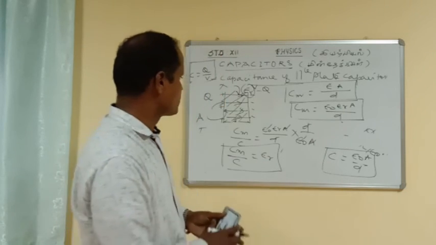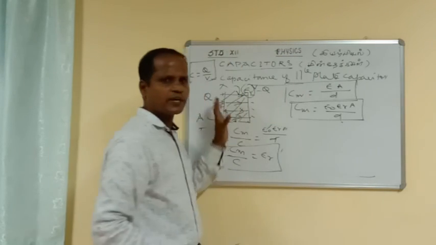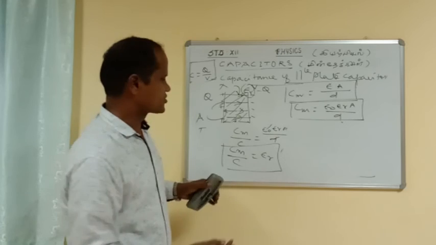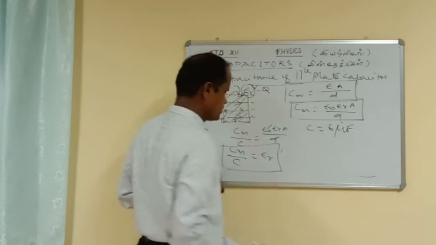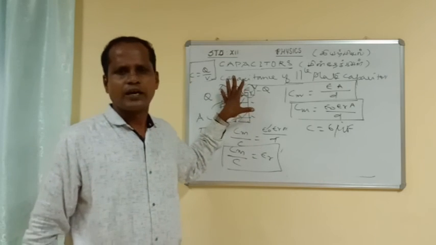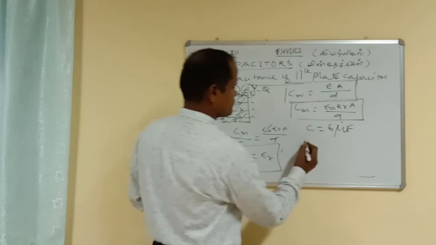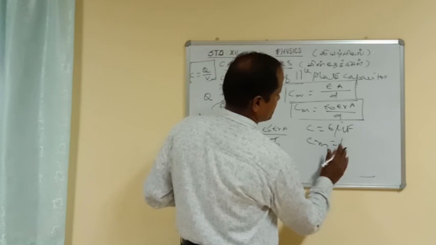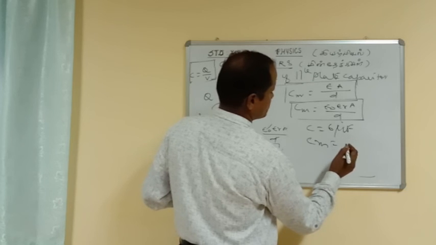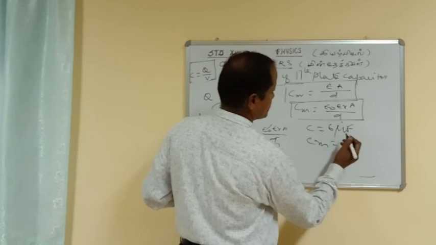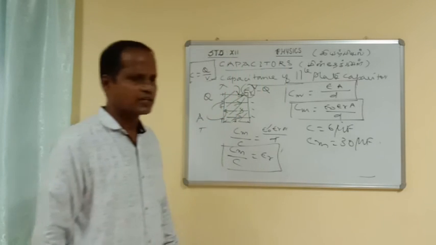Okay, so for example, suppose the capacitance of a parallel plate capacitor in air is 6 microfarad. If the same capacitor is kept in a medium, the capacitance becomes, for example, 30 microfarad.